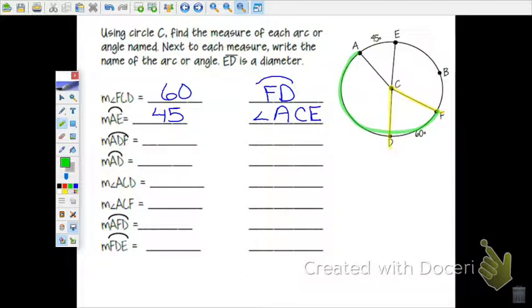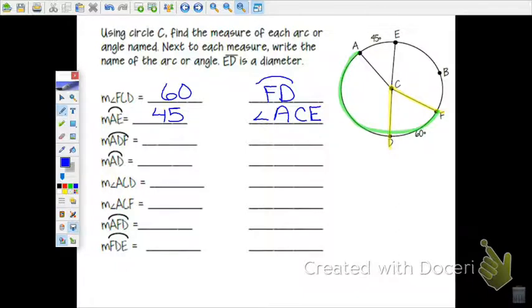I've got a piece of it here that's 60. How can I find the other piece from A to D? How can I find arc AD?